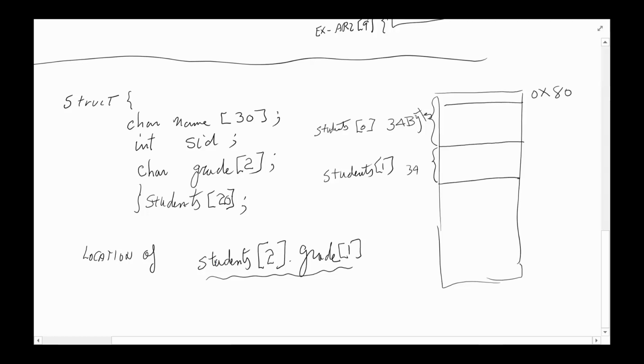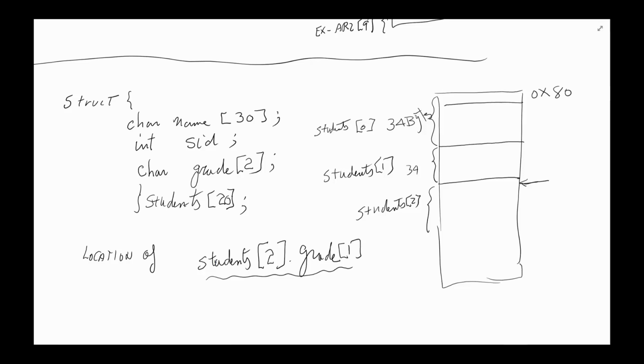Then I come to students 2. So before I get here, I've got two full structures of students, and the way I know it's 34 is because name needs 30, integer needs 2, character needs 2, a total of 34. So the big challenge is now, where is the beginning of student structure 2? What I'm going to do is add 34 and 34 together, come up with the hex value, add it to 0x80, and that will tell me where I am.